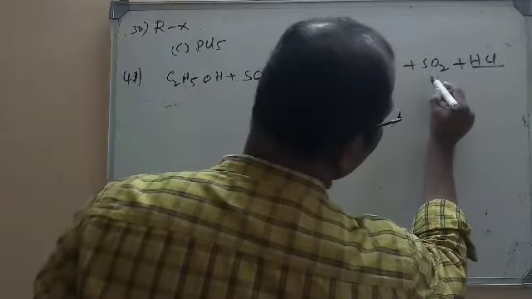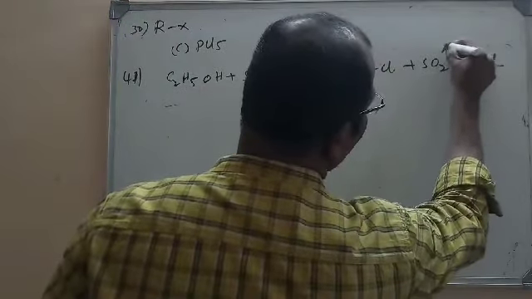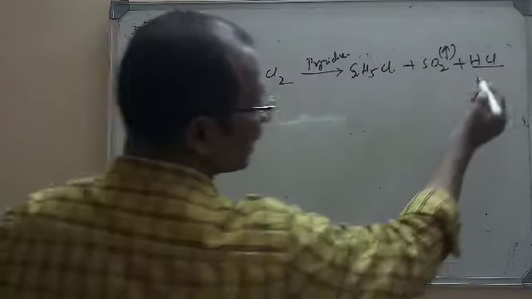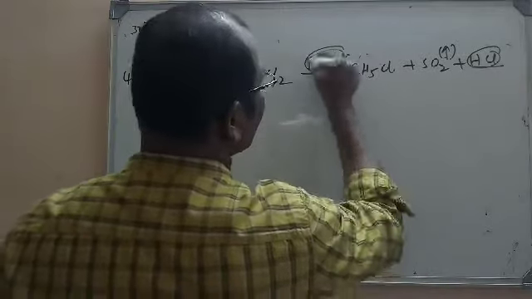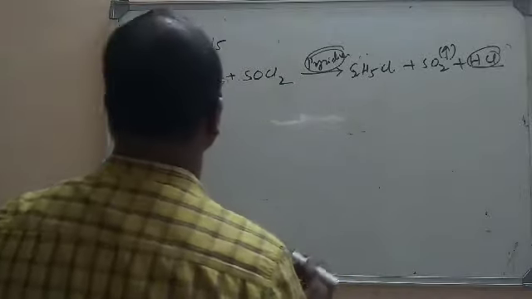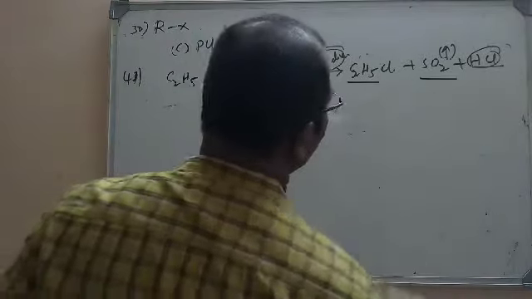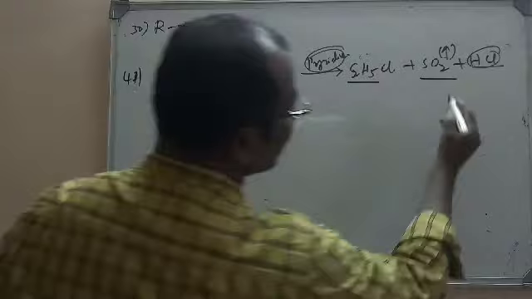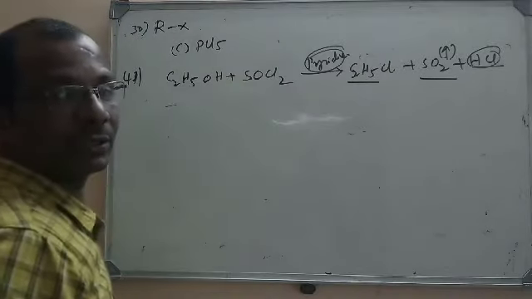You can see here this sulfur dioxide is a gas and it will escape, but the HCl formed will be abstracted by pyridine, because it is a base. So in this process, the products are ethyl chloride, sulfur dioxide and hydrochloric acid.